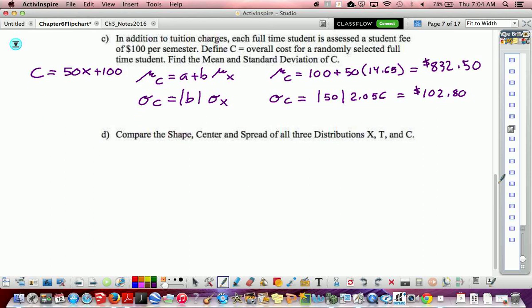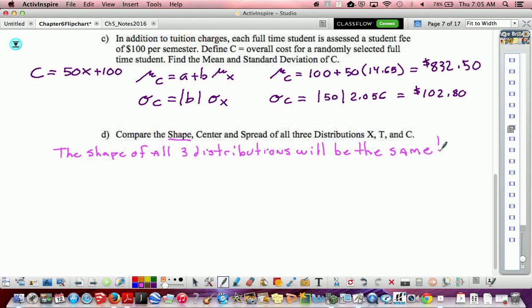So, last but certainly not least, what we try to emphasize here with linear transformations one last time is what happens to the shape, center, and spread of all of these three distributions. Well, if I start with shape, the shape of all three distributions will be the same.